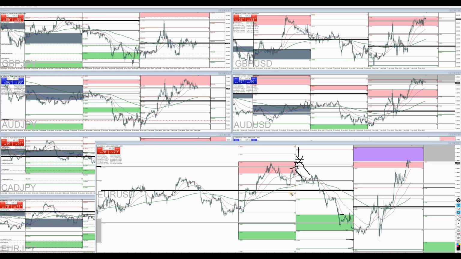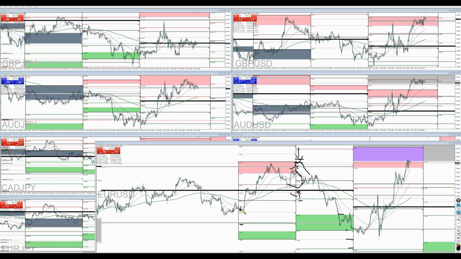Same thing if price came in to my M2 and opened up right here, I'm close to the M2, I'm taking it for a long. My stop is down here. Once I make it go for central pivot, I move up my stop to just below the M2, or just below the swing low.